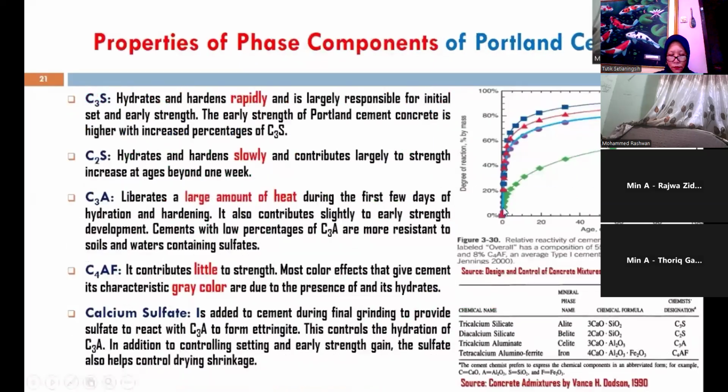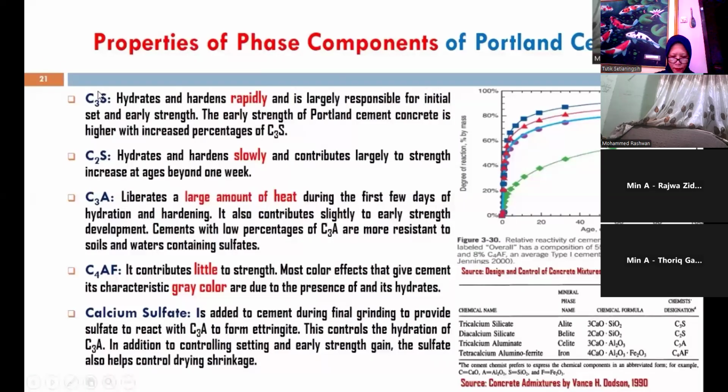Properties of these phase components. Here we have four main phases and some minor phases like gypsum. C3S is a tricalcium silicate which hydrates and hardens rapidly, and it is responsible for the initial or early strength of cement.